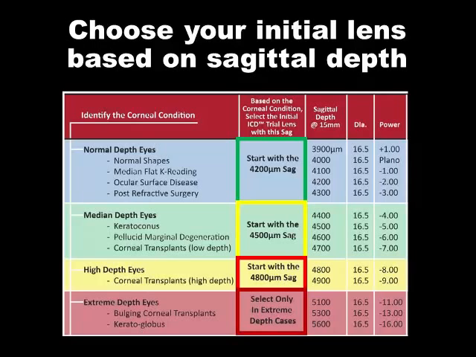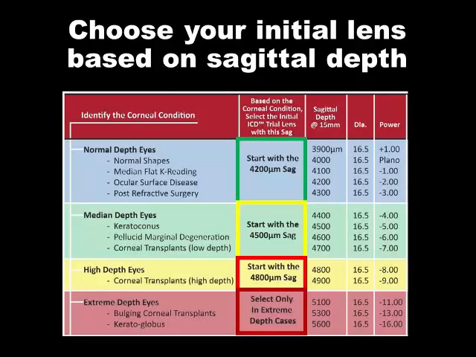Is it effectively normal K readings, but it's a patient with ocular surface disease? Is it a post-refractive surgery patient? Is it any patient that's more likely to have a lower sagittal depth? If so, then all you do is pull out the 4200 micron lens. I can fit a high percentage of patients with only the 4200 if it's a normal eye, if it's a post-refractive surgery eye, if it's a low sag cornea.